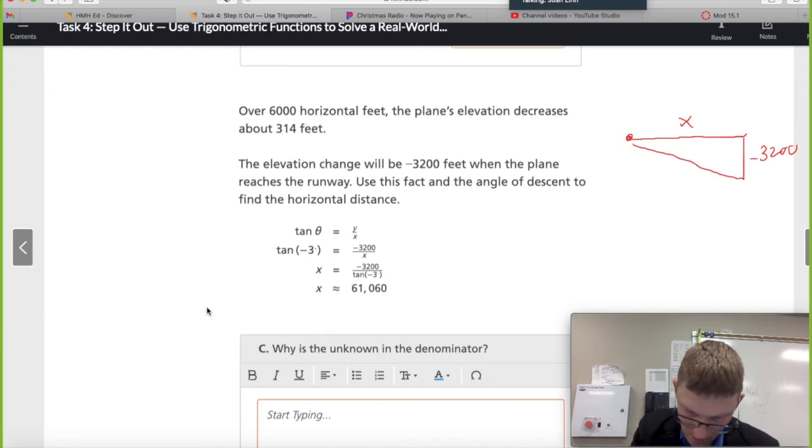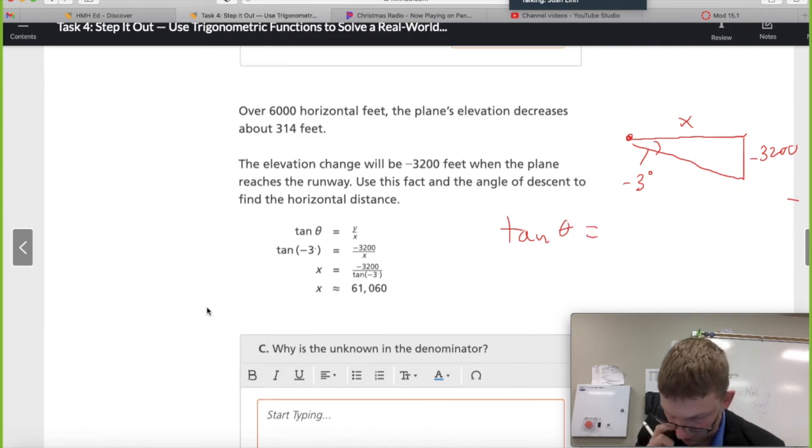And then we have our theta, I assume is still negative 3. So that is still negative 3 degrees. So again, we can still use tangent. So we're going to have tangent of theta equals opposite over adjacent.